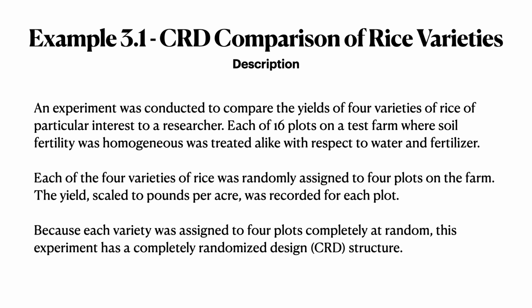Each of 16 plots on a test farm, where soil fertility was homogeneous, was treated alike with respect to water and fertilizer. Each of the 4 varieties of rice was randomly assigned to 4 plots on the farm. The yield, scaled to pounds per acre, was recorded for each plot. Because each variety was assigned to 4 plots completely at random, this experiment has a completely randomized design.